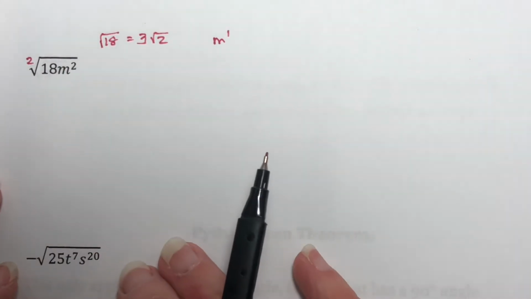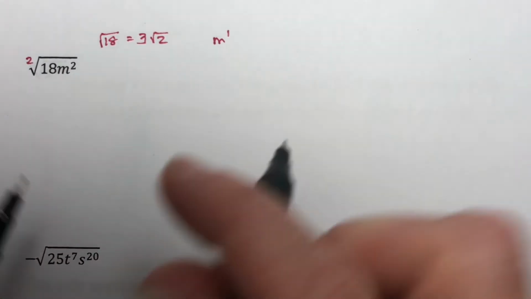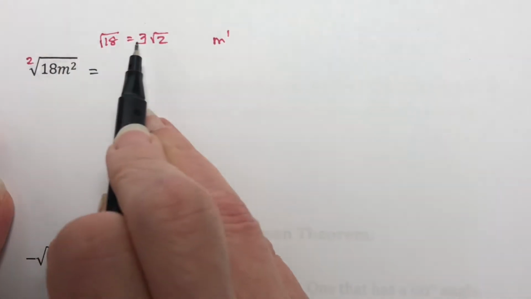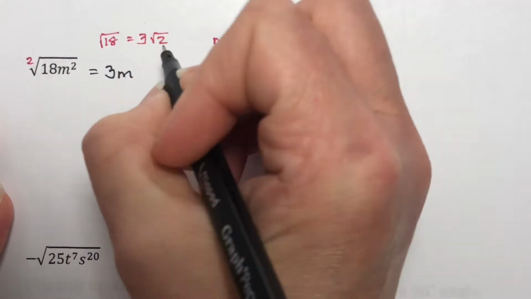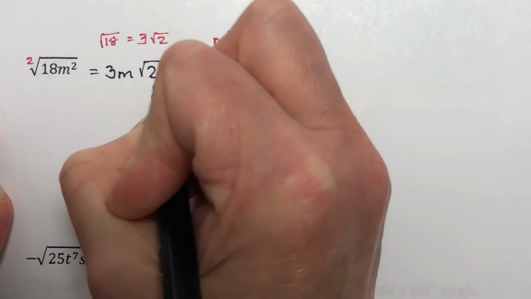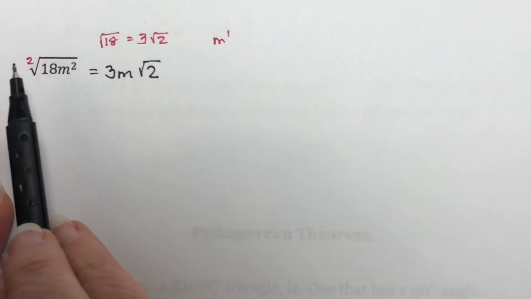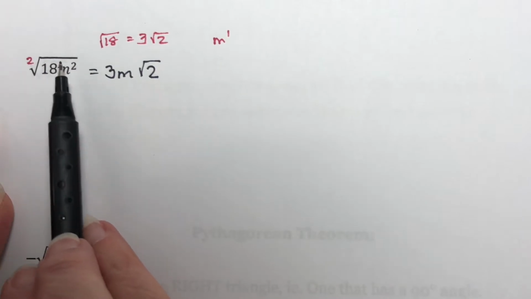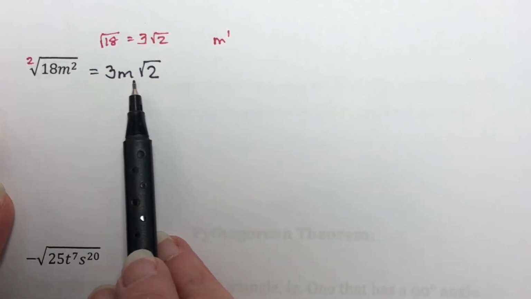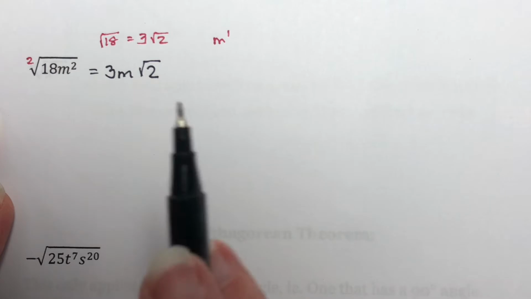We're going to work some like that, okay? But my answer to this is 3m square root of 2. So the square root of 18 is 3 times the square root of 2. The square root of m squared is m. And again, we're told our variables are positive numbers now, so we don't have to worry about that.